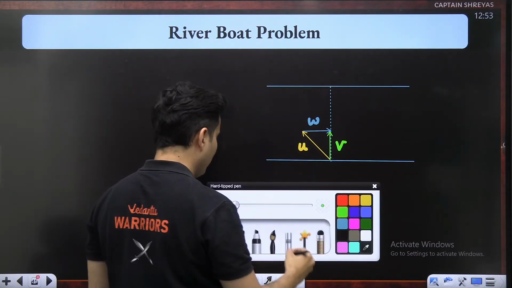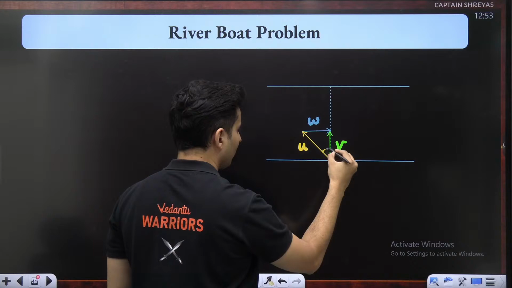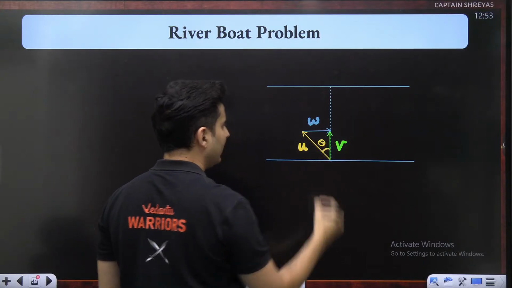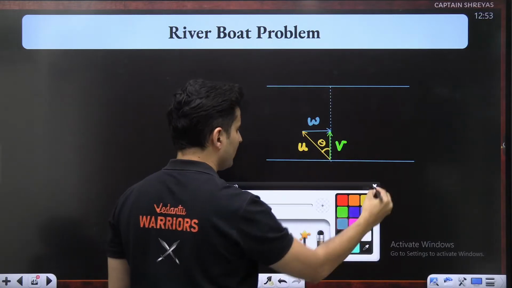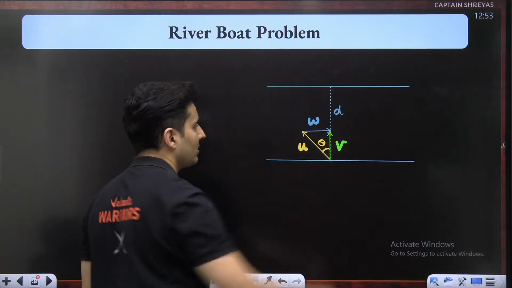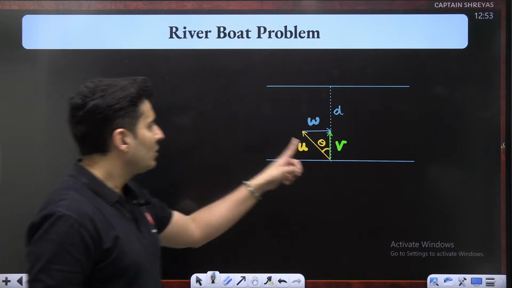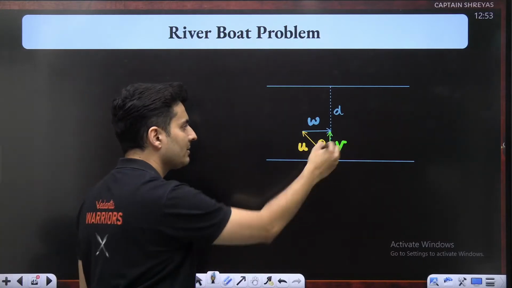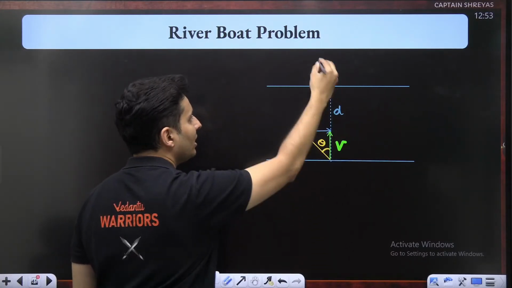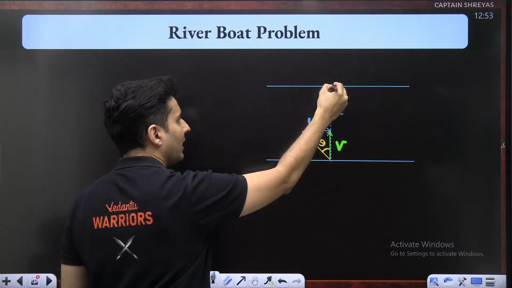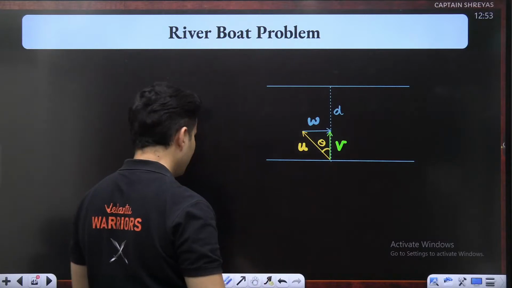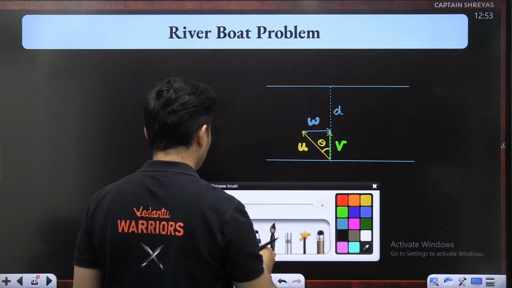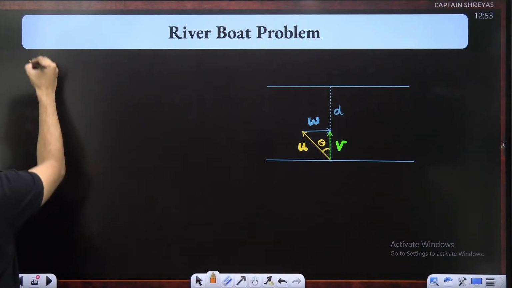The angle which you will make with the perpendicular, let's say it is theta, and the flow is over here. This is the distance which you are taking to cross. So if your resultant velocity is perpendicular to the flow, you will cross to the opposite end of the bank without any drift.